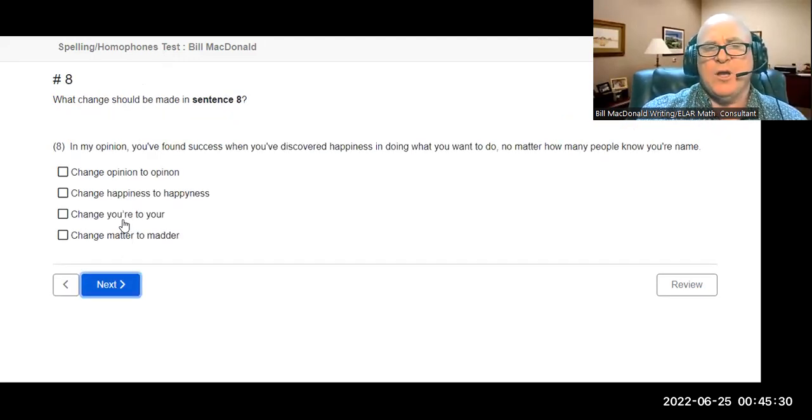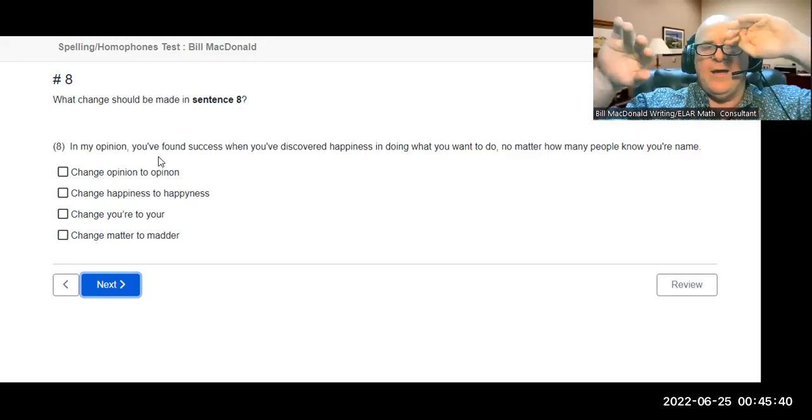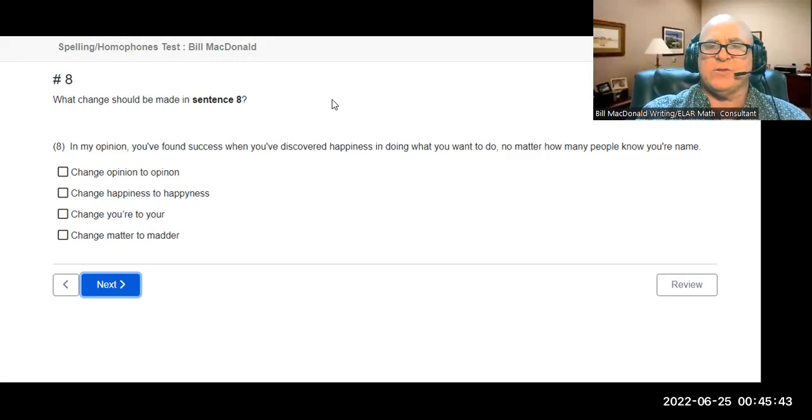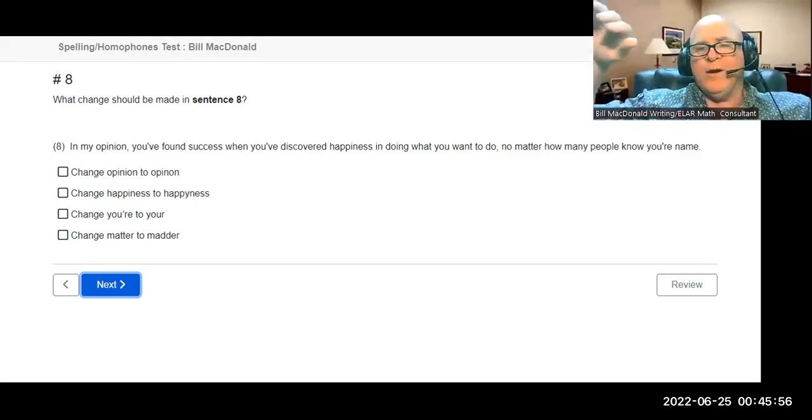What changes should be made in sentence 8, bracket around sentence 8, capital, in my opinion, comma, you have found success when you have discovered happiness in doing what you want to do, comma, no matter how many people know your you are name.